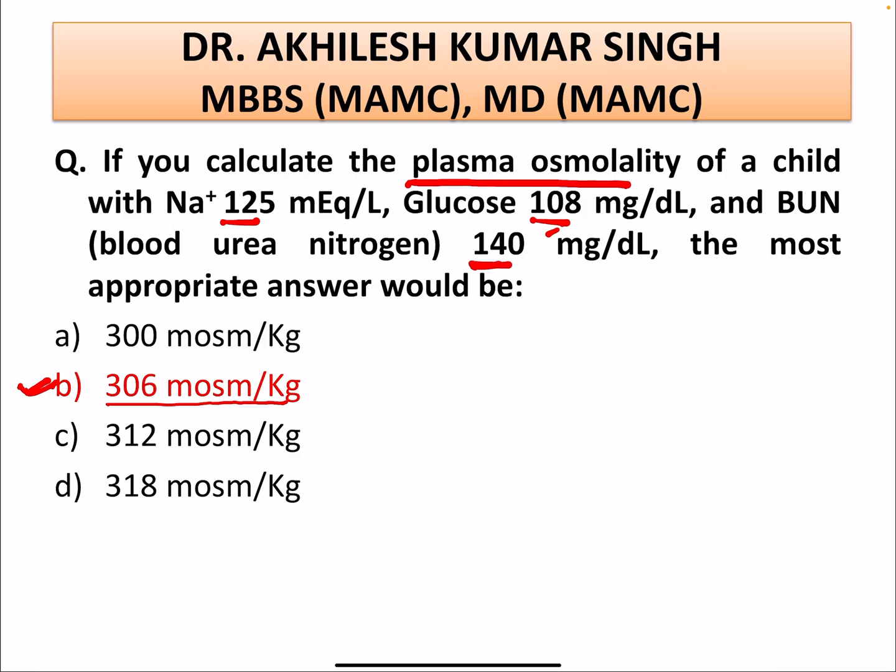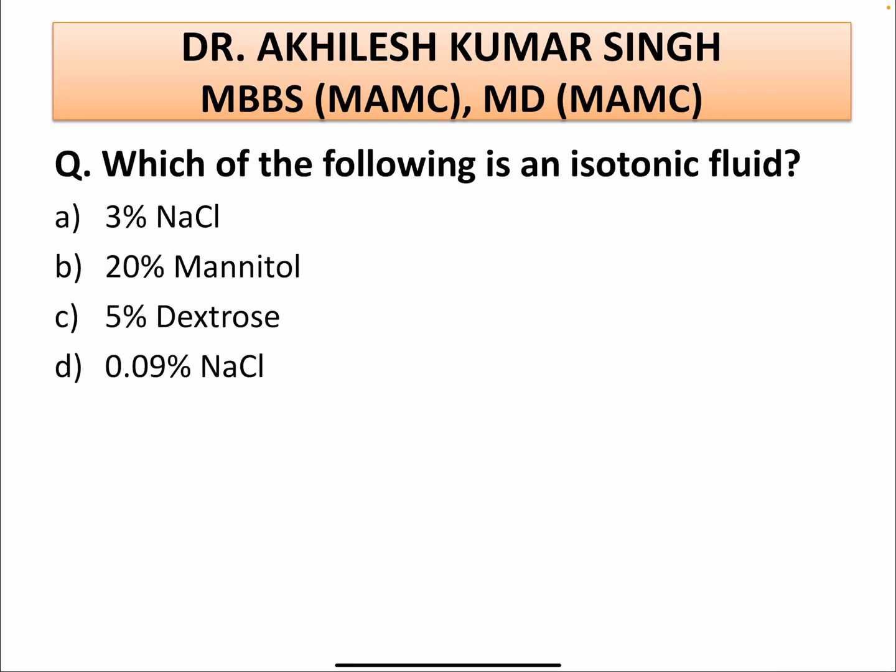Now let us look at the next question. The next question is, which of the following is an isotonic fluid? In this question we have to tell about the fluids which are isotonic fluids. Isotonic fluid means those fluids whose osmolality is equal to that of the plasma.